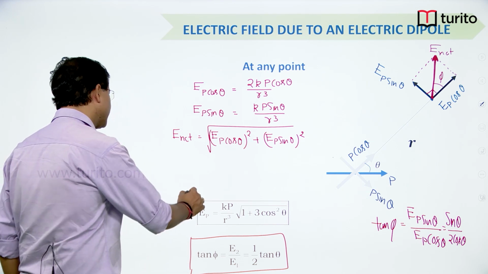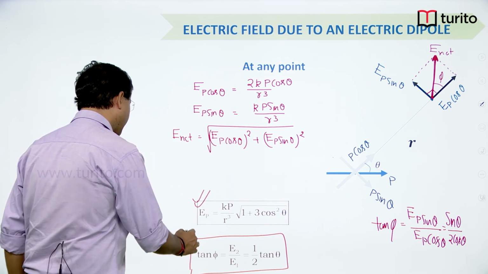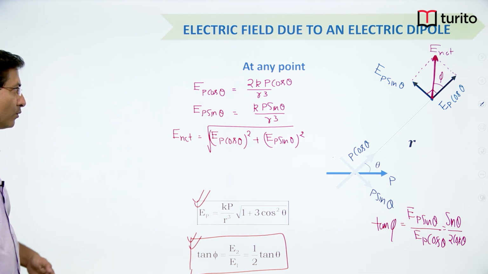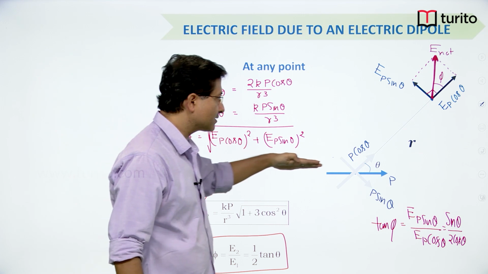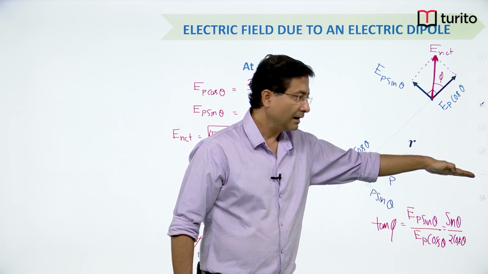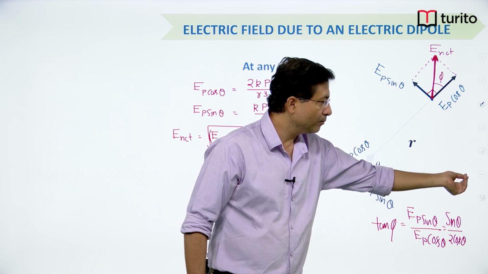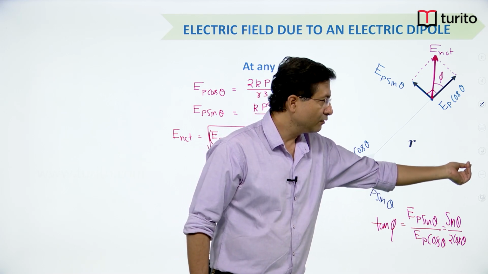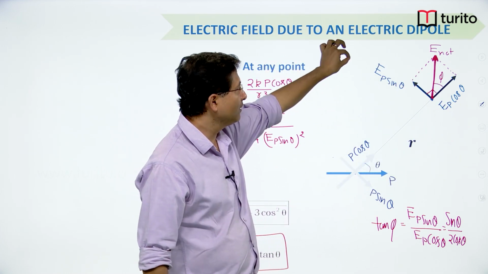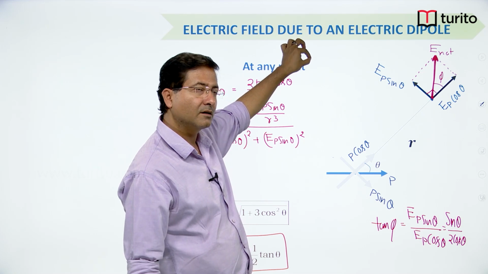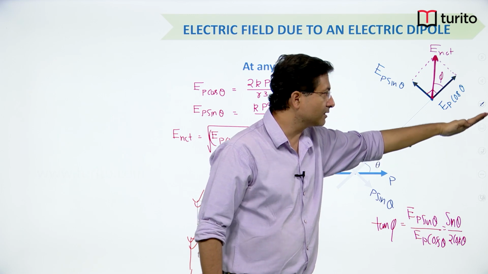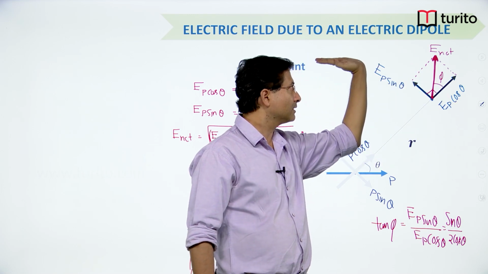So now I have magnitude and I have direction, right. When you were on the x-axis, the field was in this direction, and from here, maintaining the same distance, if you go like this, when you reach the bisector, the field will be in the opposite direction, right. So from this direction the field will turn and become like this.